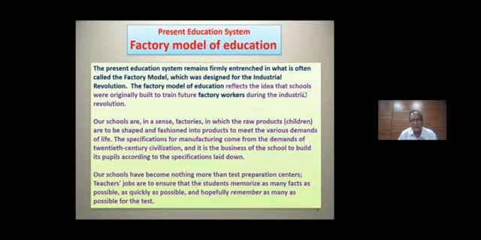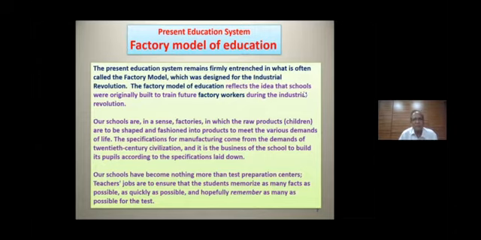Now, the education system that has been followed so far, in our country as well as abroad, is basically a factory model of education. Factory model means raw material goes inside the factory, and comes out with certain changes made inside the industry.